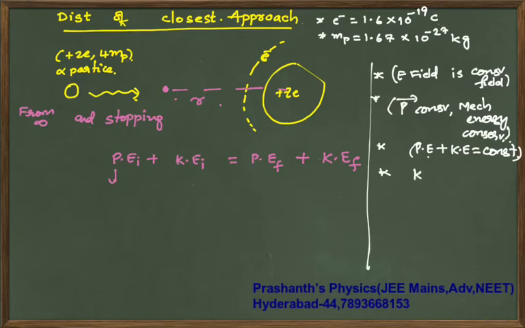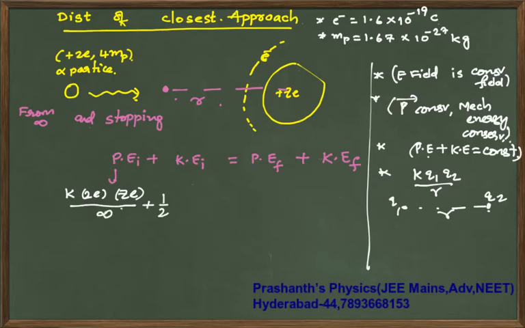So K Q1 is 2e, and because of the nucleus it is plus Ze, by distance infinity, plus initial kinetic energy at infinity, half mv square, is equal to K into Q1 Q2, 2e into Ze, by R minimum, plus KE final, which is 0.